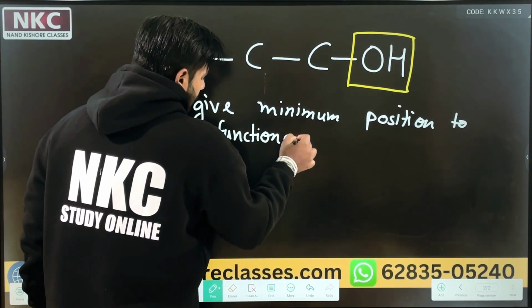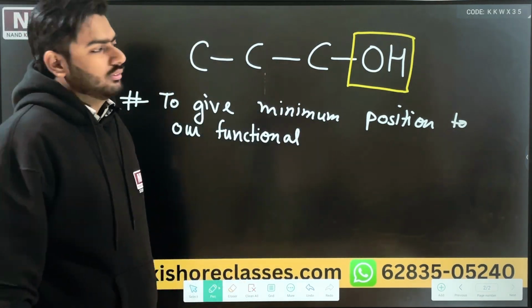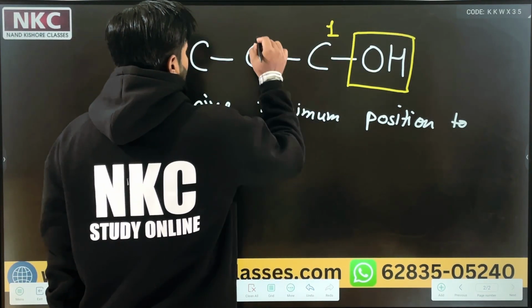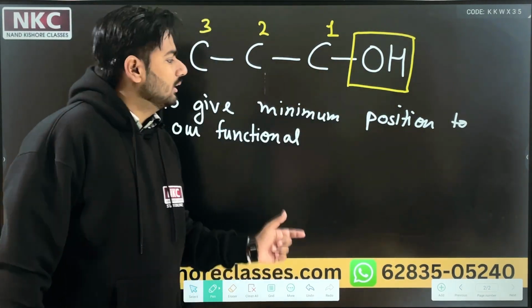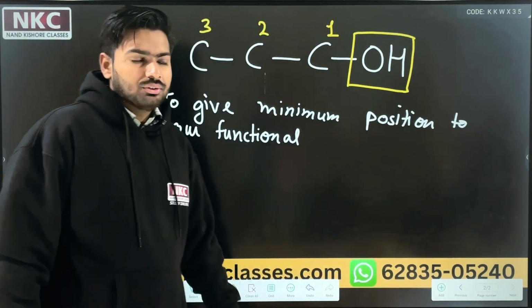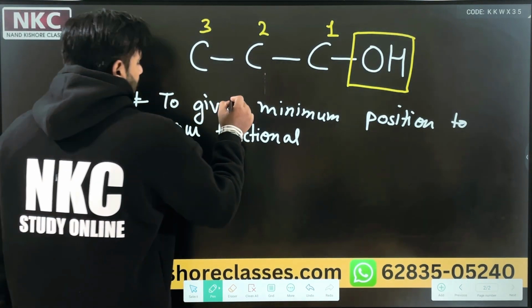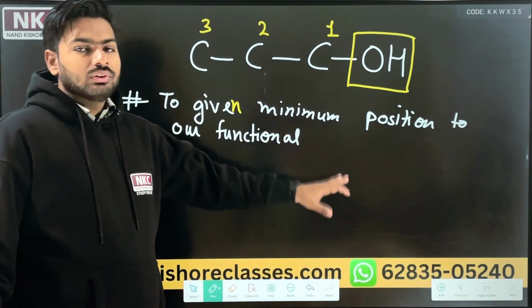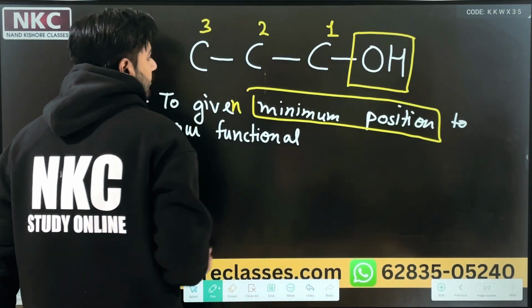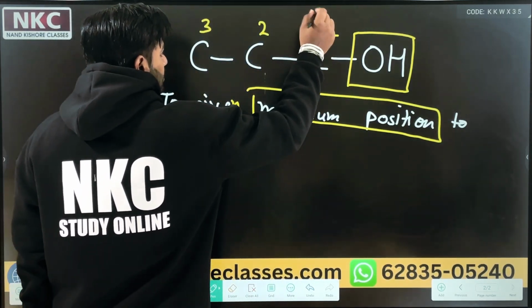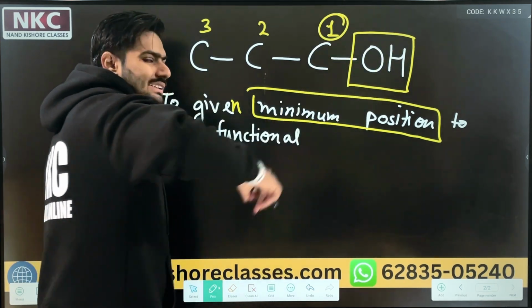So numbering should be done from the left side, 1, 2, 3, because the functional group should be given the minimum position in a compound. So like this, we can say that at the position of carbon 1, OH is attached.